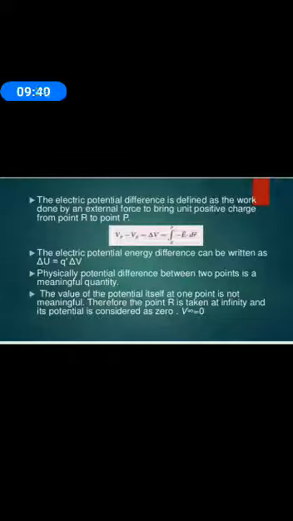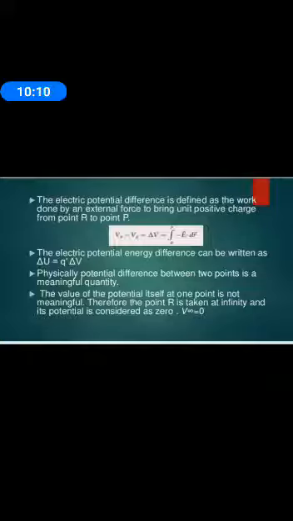And next, physically, potential difference. Difference means you need two places, two points. So physically, potential difference between two points is a meaningful quantity. But when I talk about the value of the potential itself at one point, if I consider only one point, not two points, in that case the value of the potential itself at one point is not meaningful.